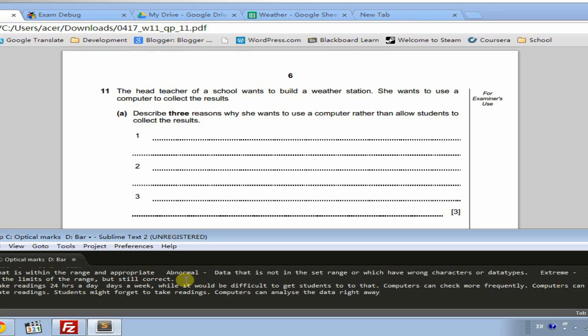Yeah, so there's a whole bunch. We only need 3. One mistake a lot of students I've seen making in this sort of section is to put down the same answer 3 times. So they phrase it slightly differently and they put down the same answer. So be careful.